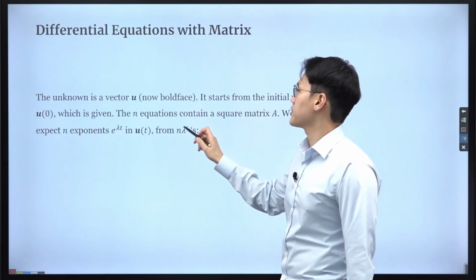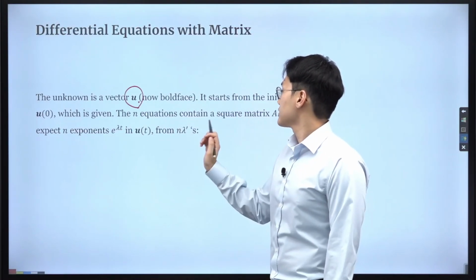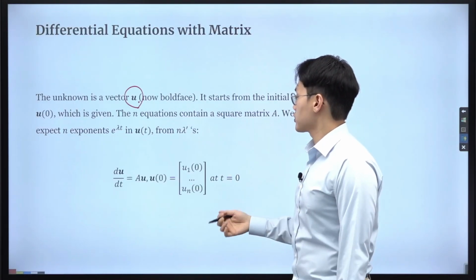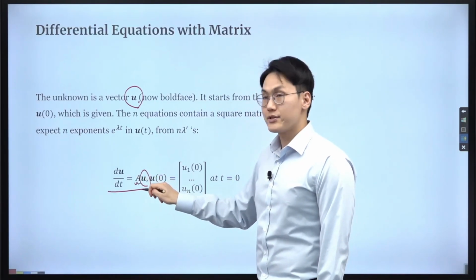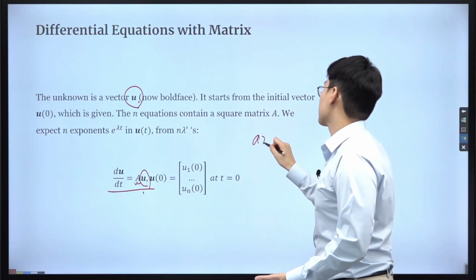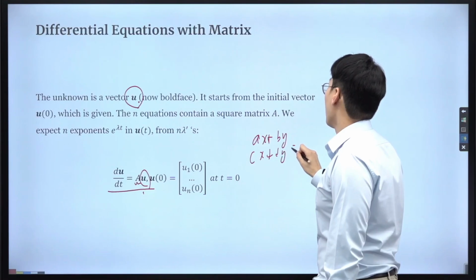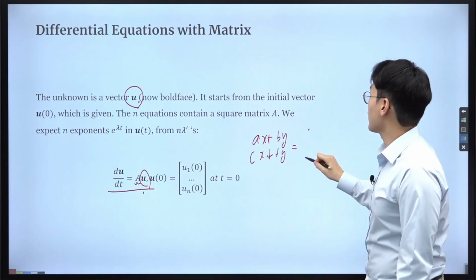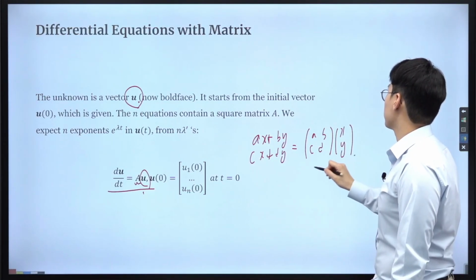So now if we represent the n-dimensional space vector u, then we know that the differential equation will be in terms of a vector, and all its coefficients can be described in the matrix multiple. For example, ax plus by, cx plus dy, as we are already aware of, can be described as a matrix multiple with the 2 by 2 and 2 by 1 matrix, isn't it?